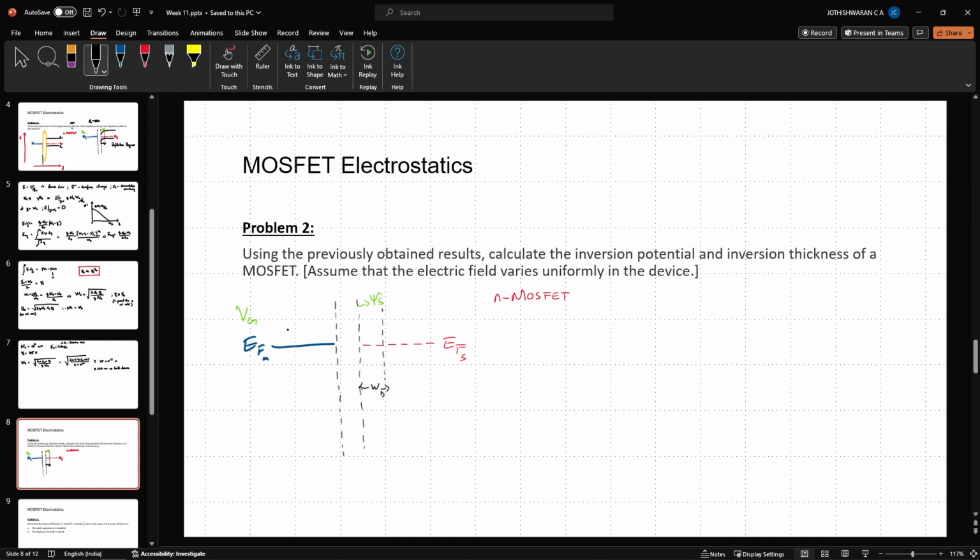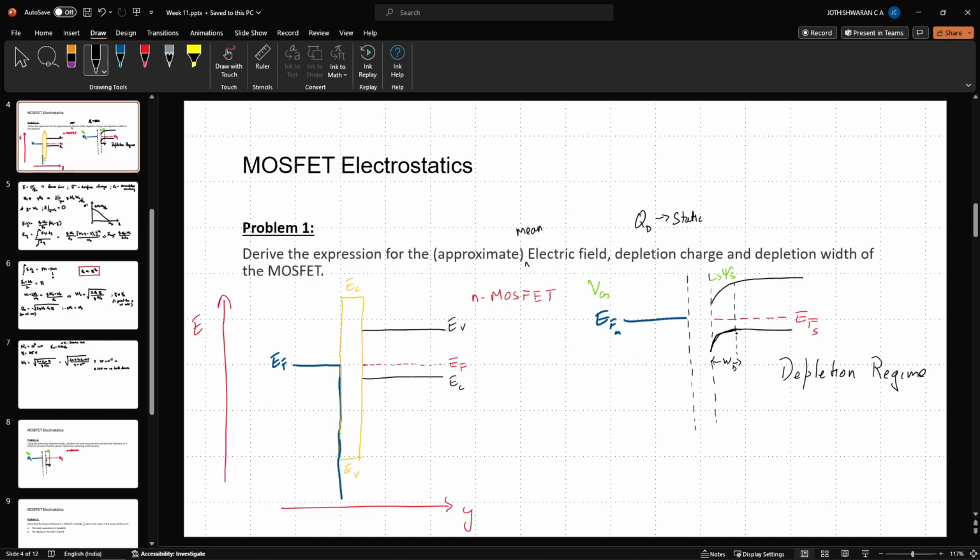We achieve that by increasing Vg further and further, such that, going back to this figure, whatever difference I have over here, let me call this psi b.